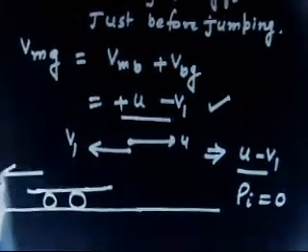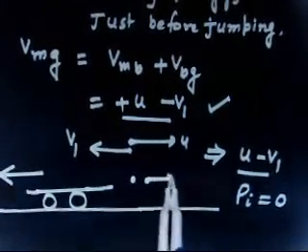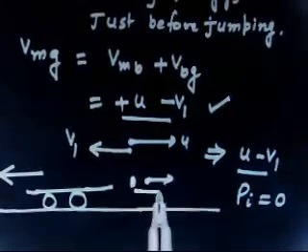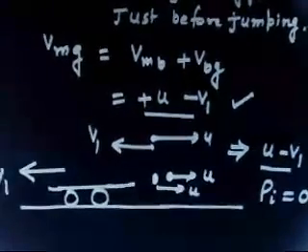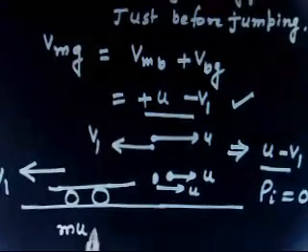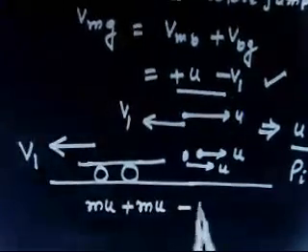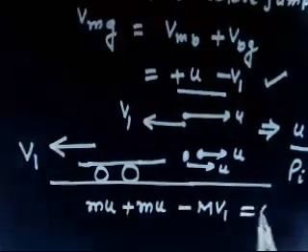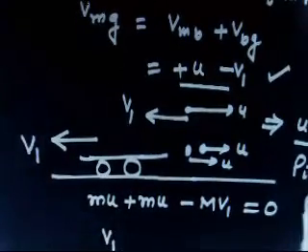This buggy is going in the backward direction with speed v1, and now these two men are in the air and they are going with speed u. So each is going in this horizontal direction with speed u. So what is the final momentum? The momentum of this person is m into u. This person also has a momentum m into u. This buggy has a momentum minus M times v1, and this is equal to 0. From here I can write v1. Let us plug the value of u.